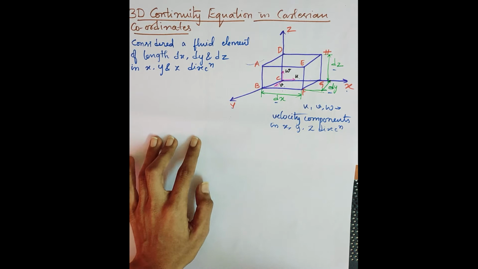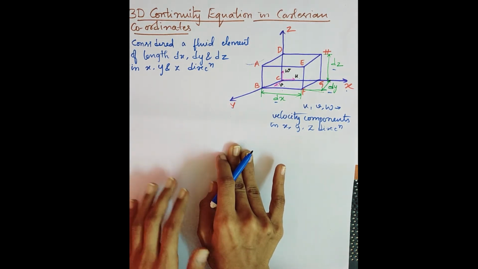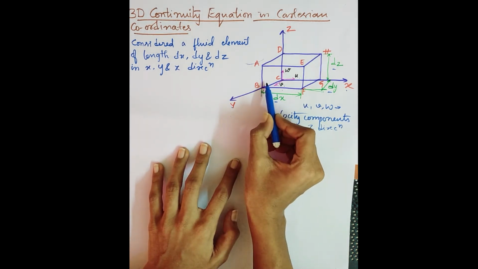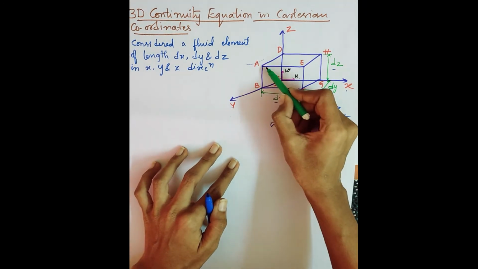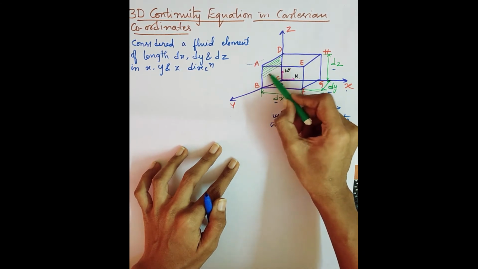After considering this fluid element which has lengths dx, dy and dz, now we'll consider one face of the element, the face ABCD.